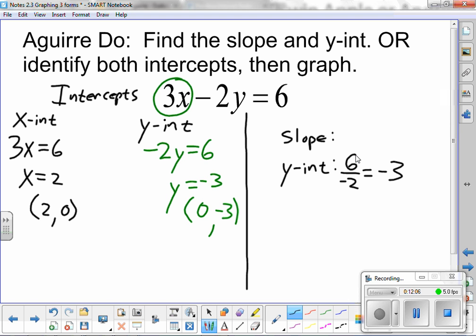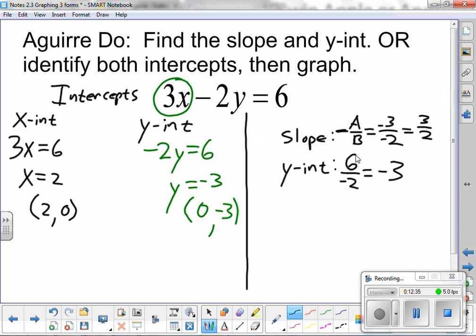The slope is going to be negative a over b. So that's going to be negative 3 over b, which is negative 2. Okay, so I put this negative symbol on the top number, which was the 3, and then over b, which was negative 2. So basically, it's going to be 3 over 2.